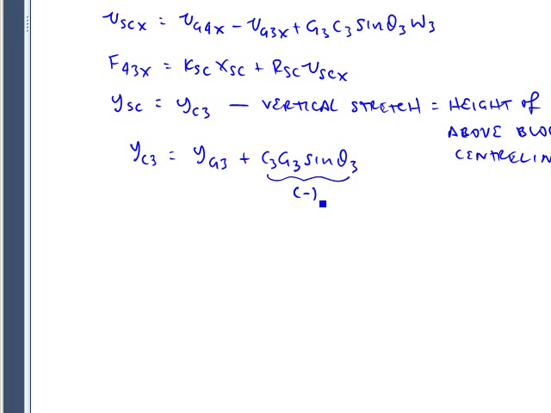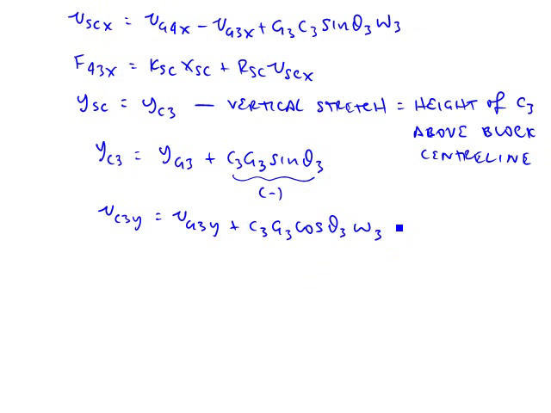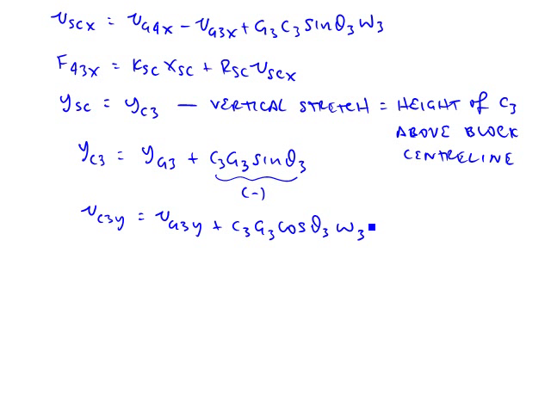This term's actually going to be negative, so it all works out. Now, the velocity of C3 in the y direction is the derivative of that, which is going to be VG3y, a state variable, plus C3G3 cos theta 3 omega 3. So that's how that works.